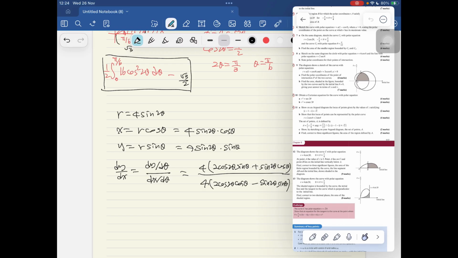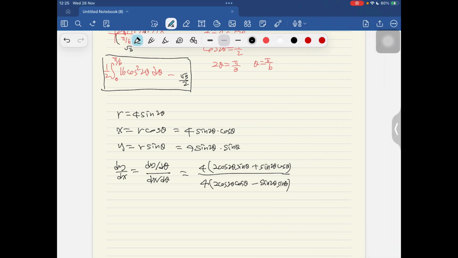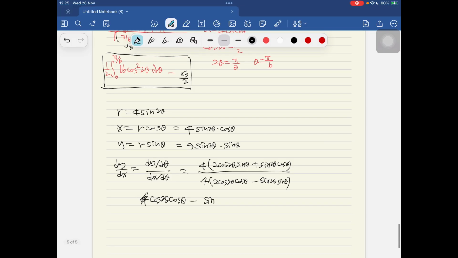And here we need to find when we have the vertical tangent, which is when the denominator should be 0. So 4 times 2 cos 2 theta cos theta minus sine 2 theta sine theta should be 0.